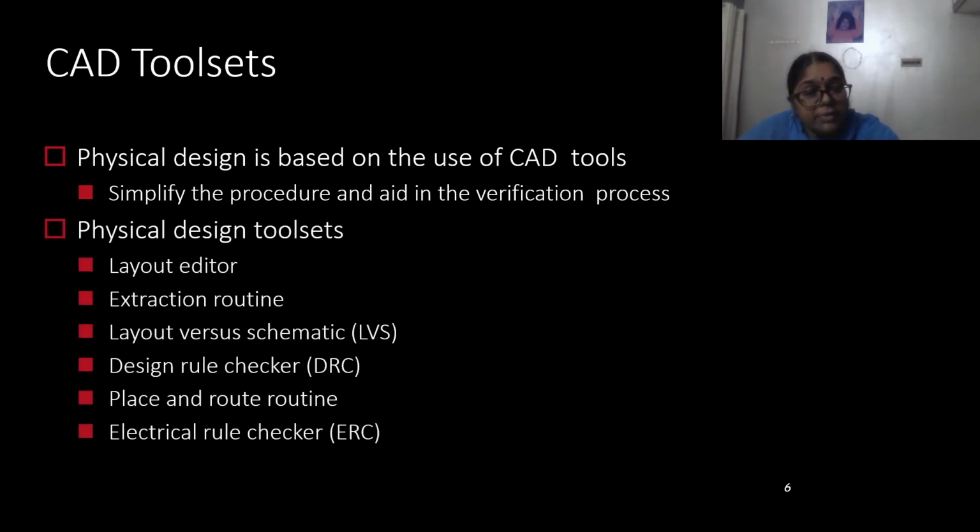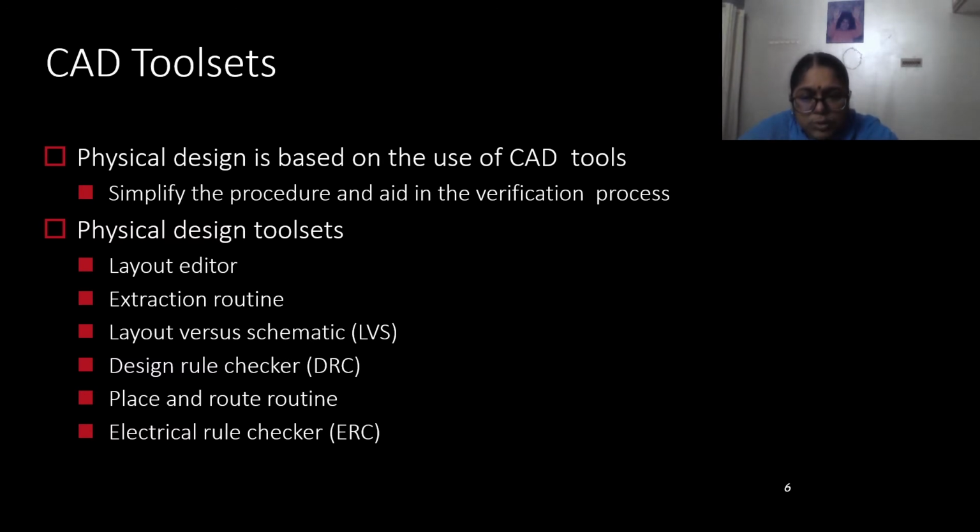We know that whenever we design some circuitry, at every stage verification has to be done. We need to check whether the design we have done at a particular level is correct or not. Does it actually give the required output or not? So the verification process is very important.